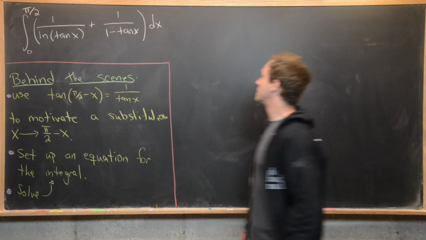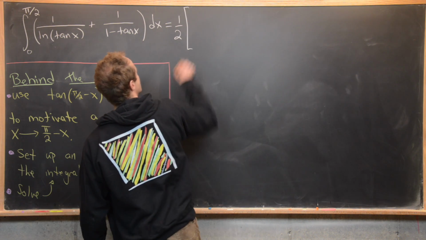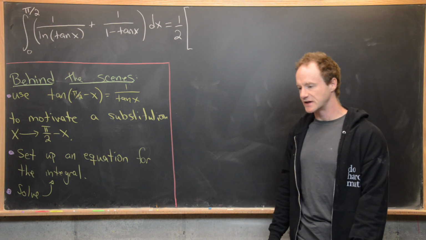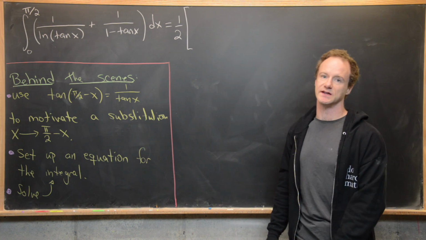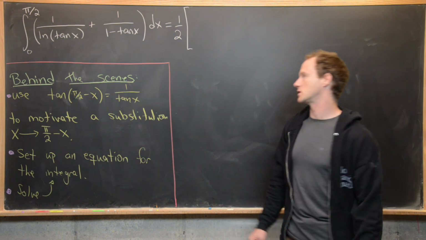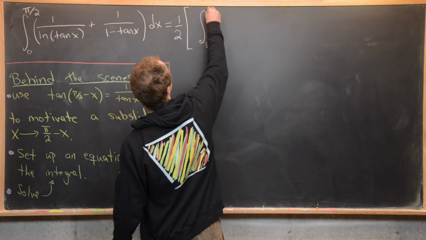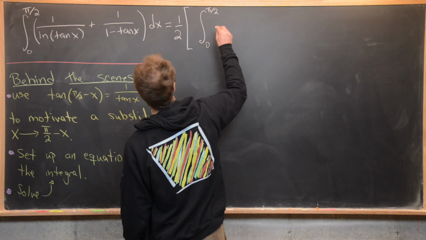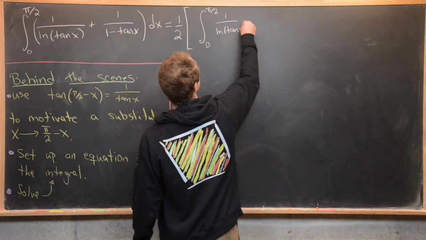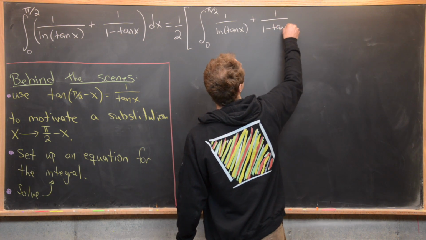So the first thing that I'm going to do is write this as 1/2 times the integral plus itself. So obviously the integral plus itself is twice the integral, but if we multiply that by 1/2, we just get the integral that we're looking for. So I haven't done anything magical here. So I've got the integral from 0 to pi halves of 1 over the natural log of tangent of x plus 1 over 1 minus tangent of x.